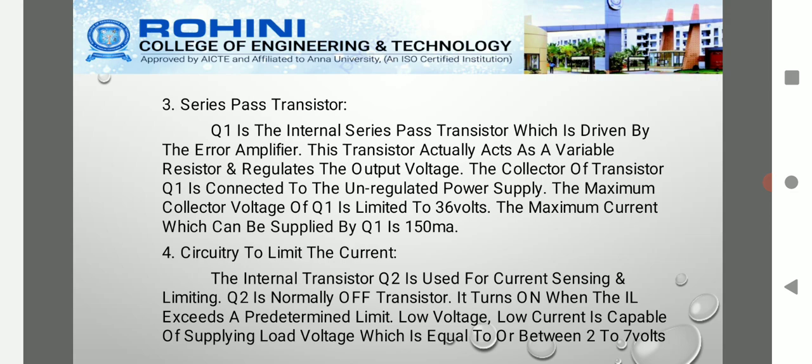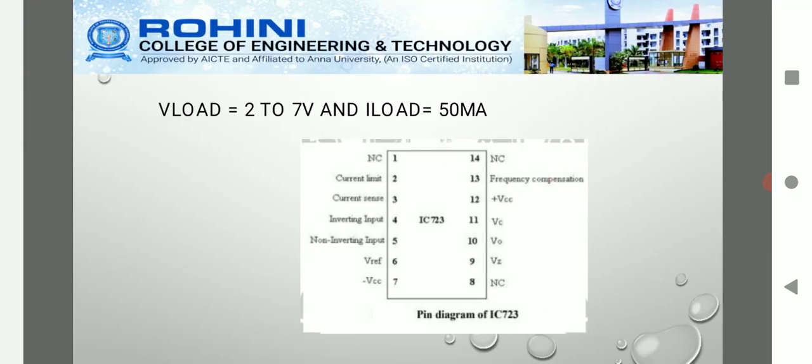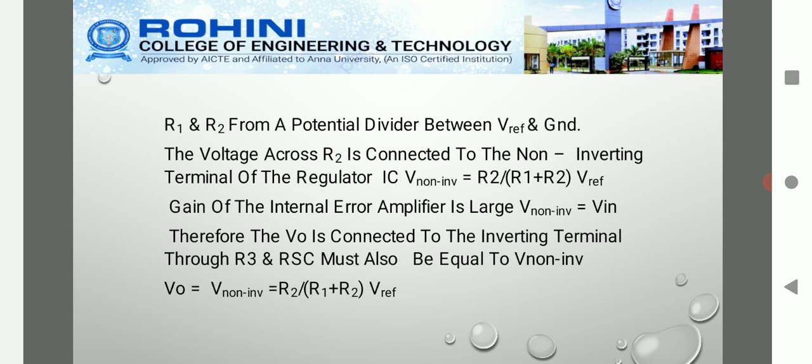After sensing, Q2 is normally off, and it turns on when the current exceeds the pre-set limit. So low current is capable of supplying the low voltage when it is equal to 2 or 7 volts. So you can see the voltage load here, and the resistor differences between this can be denoted as V non-inverting equal to R2 divided by R1 plus R2.